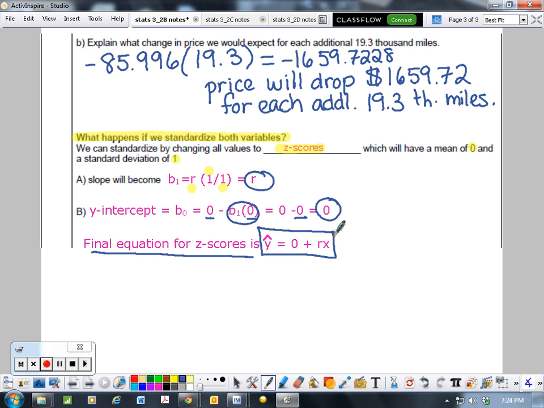Is this something you're going to have to do a lot of? No. Is it useful to know and be able to reference? Yes. Okay, so that's it so far. We've talked a lot about our residuals. We've talked about predicting, seeing what's happening, and we'll keep working with this, looking at other values that have to do with our regression equation.